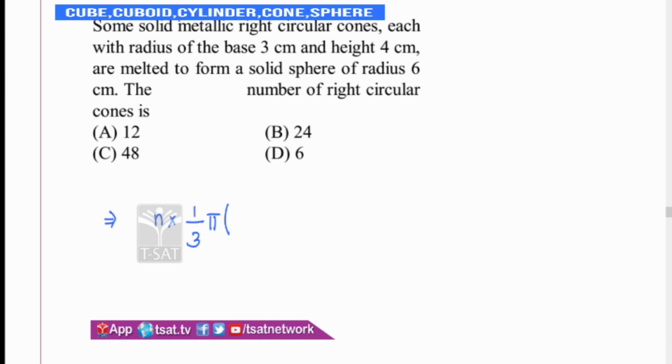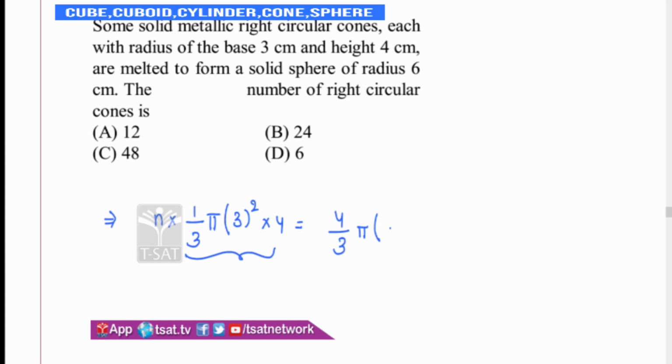Here we are melting the cones and forming a sphere. Doesn't matter whether you melt a sphere and form a cone, or melt cones and form a sphere, you have to equate their volumes. Base radius 3, therefore 3 square, height 4. N such cones are forming one single solid sphere, therefore equate to the volume of the sphere, 4 by 3 pi r cube.